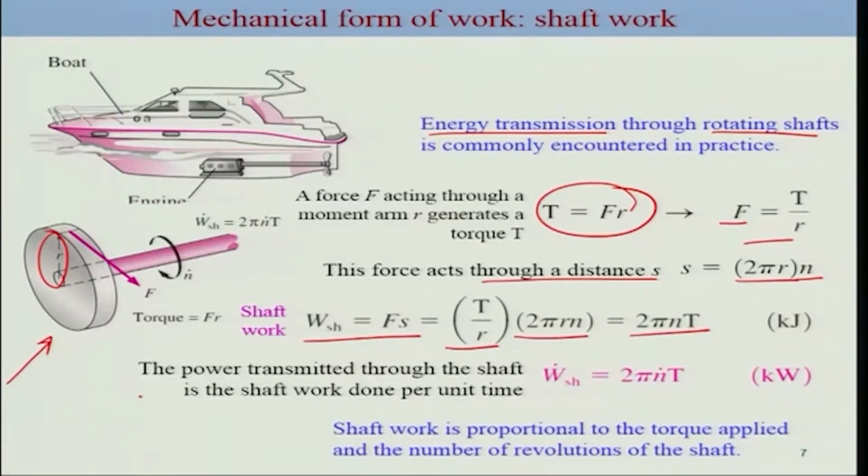In case of per unit time expression, the power transmitted through the shaft will be given by this expression, where the rate of rotation is considered. So it is proportional to the torque as well as the number of rotations per unit time.